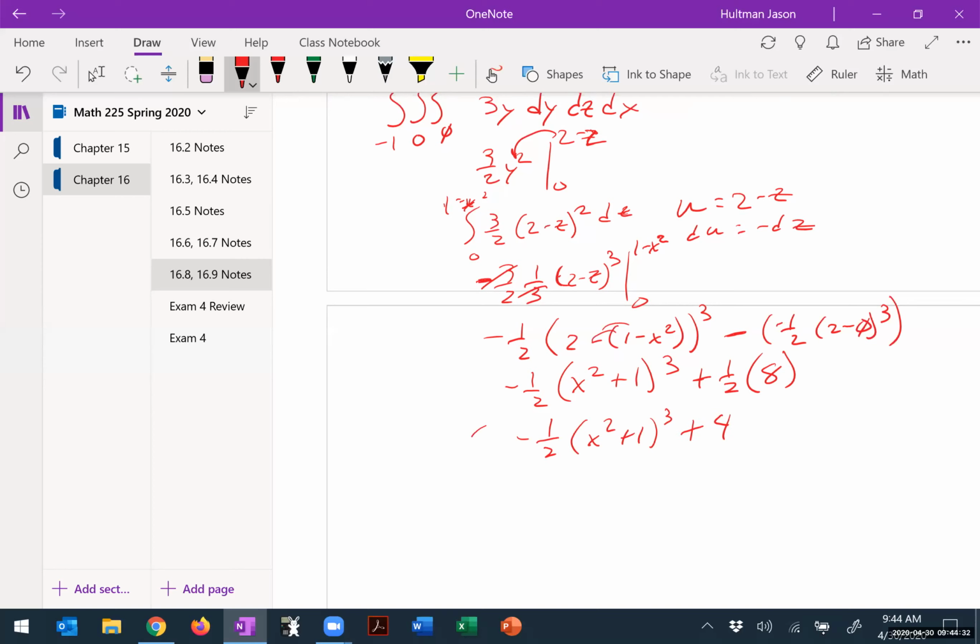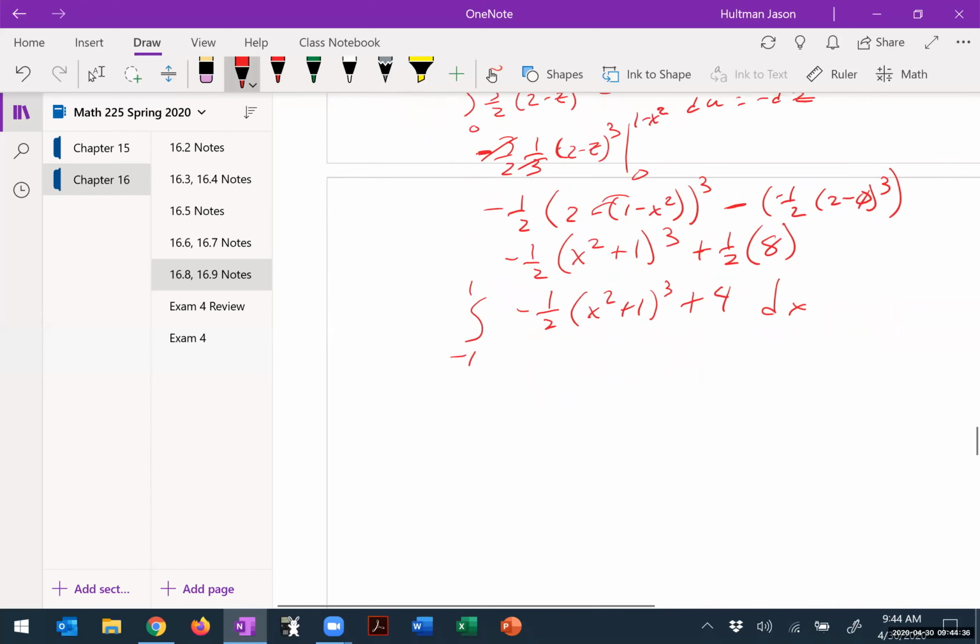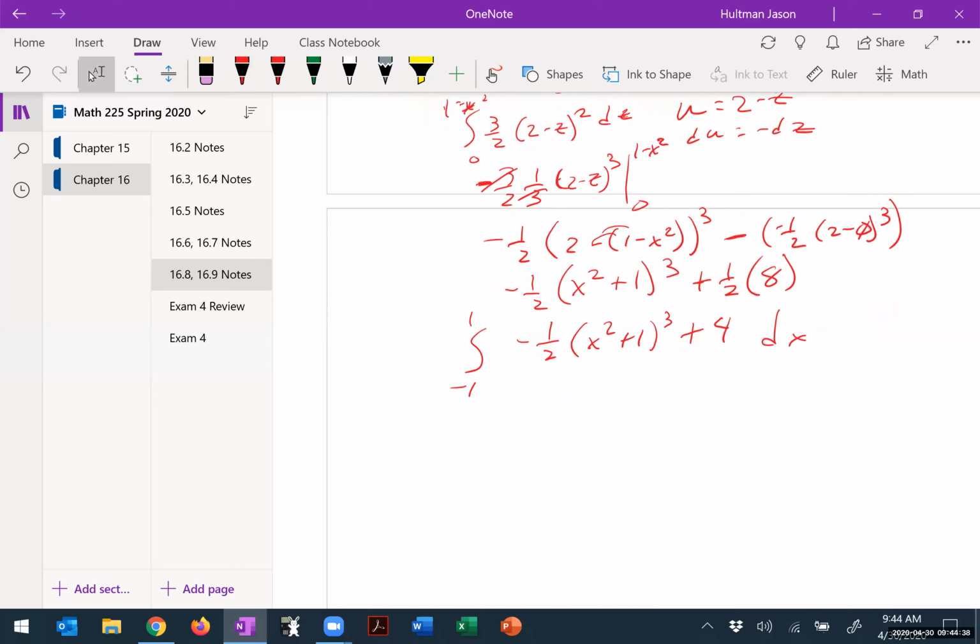Now we're going to integrate this all with respect to x. For me, I don't really want to deal with a u sub on this. It's going to be kind of a nightmare. If we do x squared plus 1 equals u, then we don't have an extra x to throw in there.